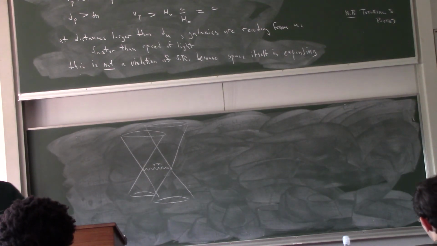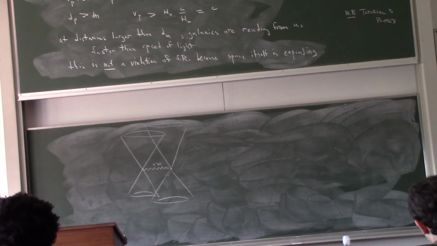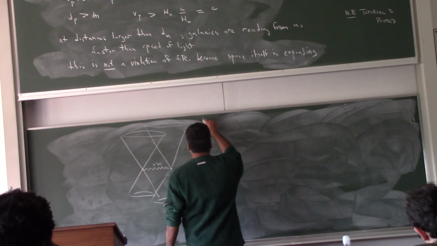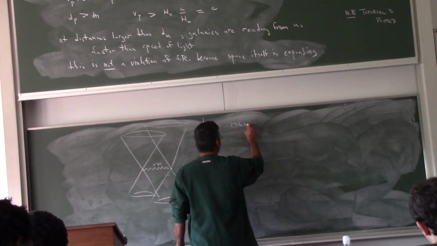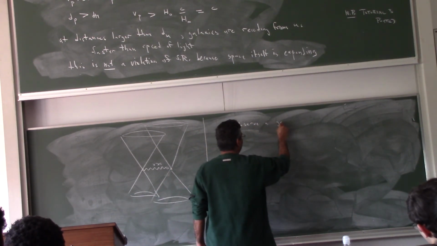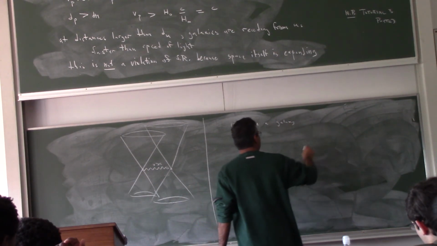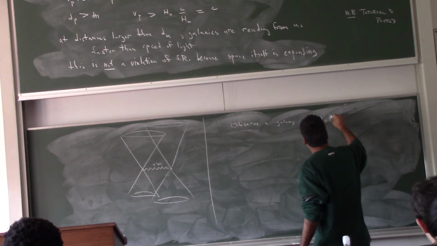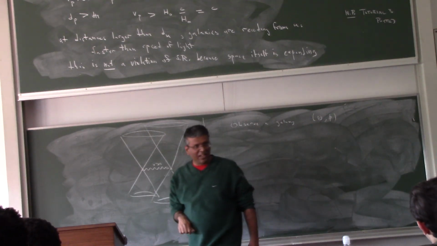Okay, so let's suppose we're observing a galaxy. We know the angles, theta and phi, along which we're looking at the galaxy.